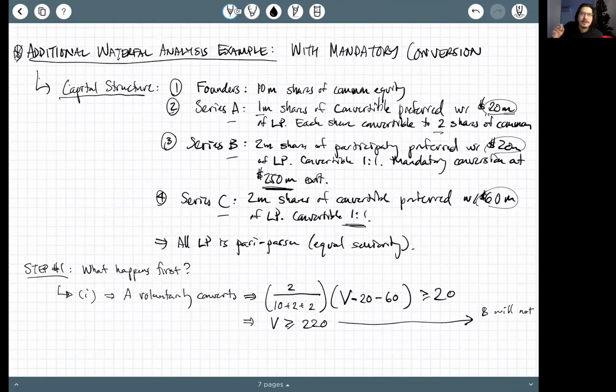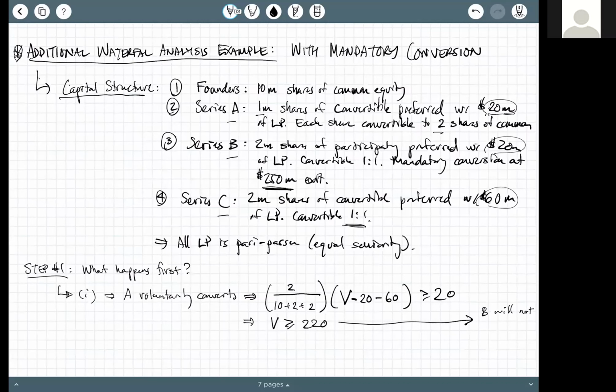Literally every round of investment is a different security, so it can have different terms in the contract. All I'm saying is the Series A contract said every share of preferred that you convert transforms into 2 shares of common. That doesn't mean every other preferred has the same ratio. And Series C has a 1-to-1 ratio.